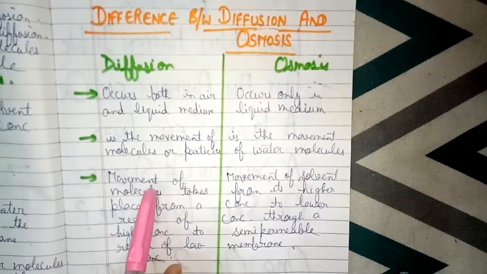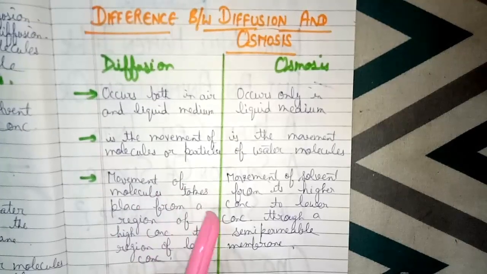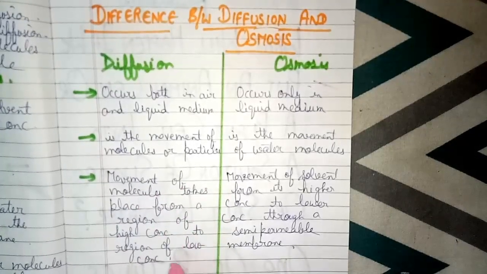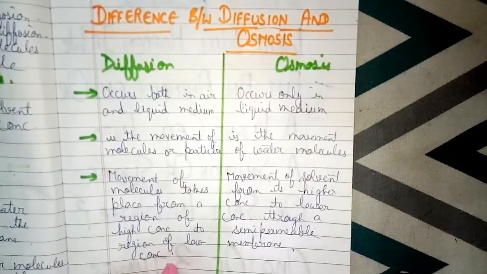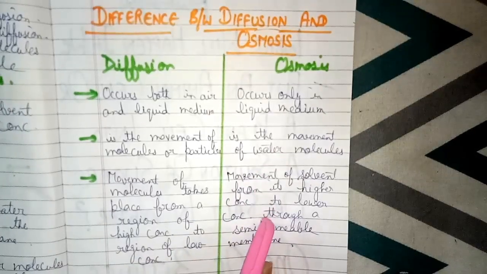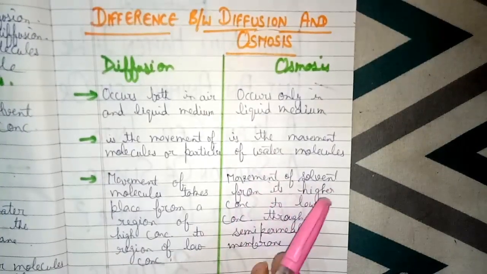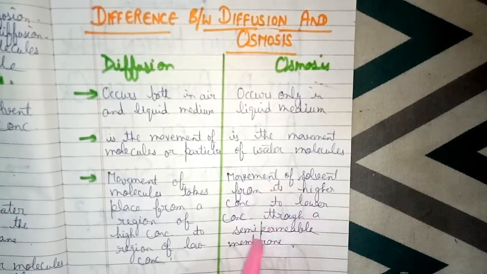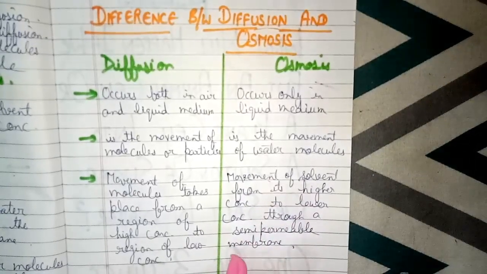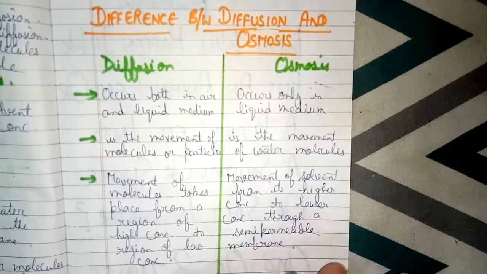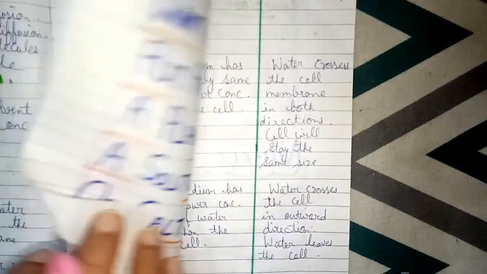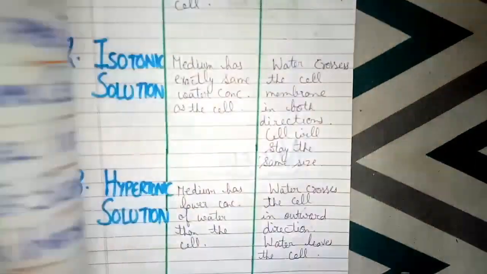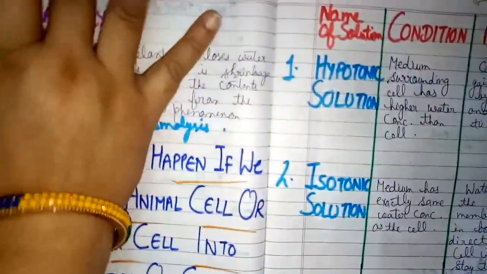In diffusion, movement of molecules takes place from a region of high concentration to a region of low concentration. But in case of osmosis, there is movement of solvent from high concentration to low concentration through a semi-permeable membrane. Okay, so this is the basic difference between diffusion and osmosis.